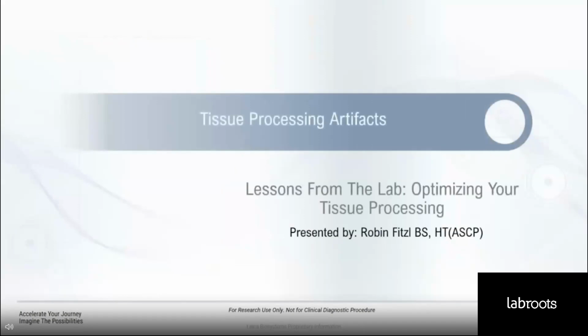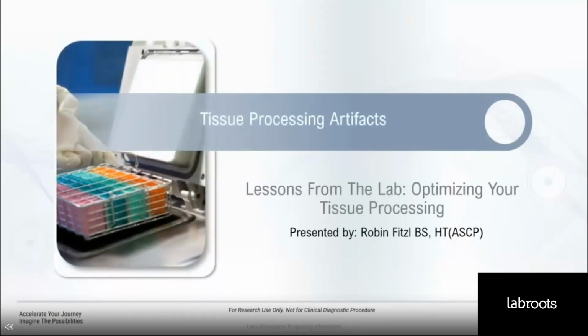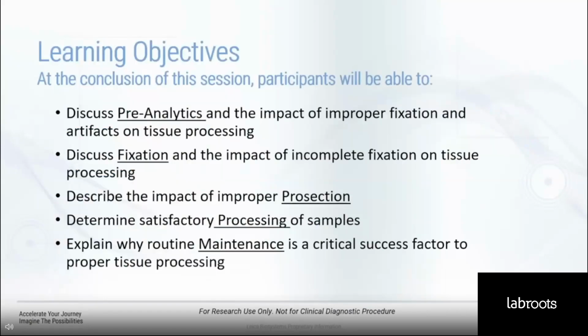This webinar, entitled Tissue Processing Artifacts, will discuss how to optimize your tissue processing and recognize the cause of common artifacts. The learning objectives for this webinar are as follows. Discuss pre-analytics and the impact of improper fixation and artifacts on tissue processing.